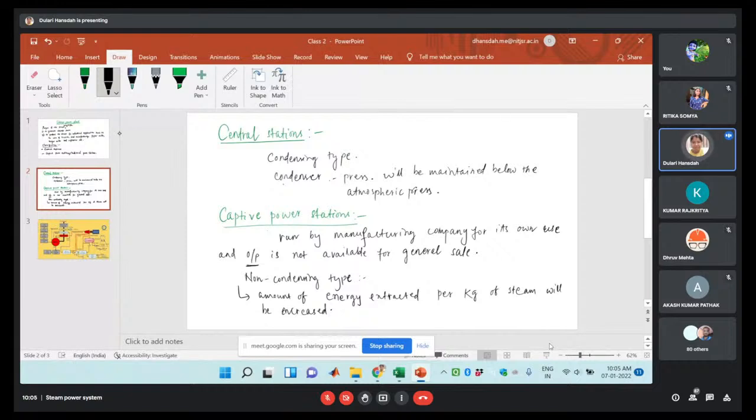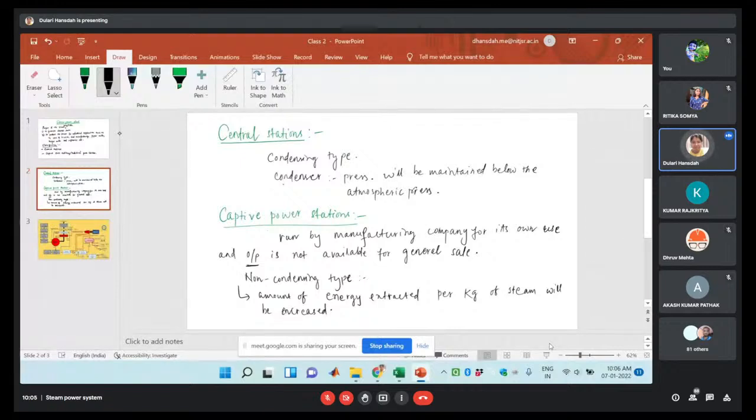In the case of the condensing type, the steam which has been condensed into water in the condenser can be directly circulated into the boilers with the help of the pump.